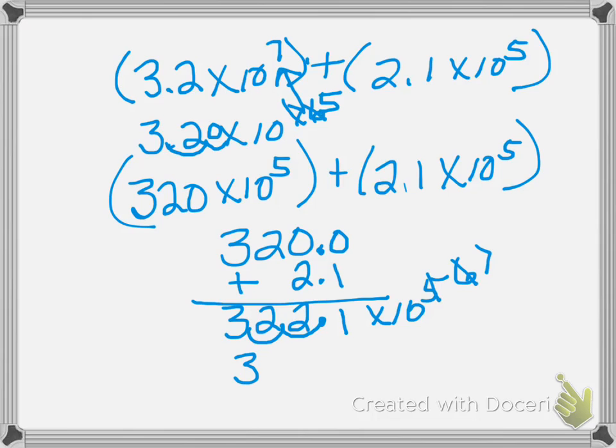So I then have 3.221 times 10 to the 7th power. That is adding in scientific notation when they have different exponents. You've got to change them to the same exponent, go ahead and add or subtract the numbers involved, and then take it back to a good scientific notation number.